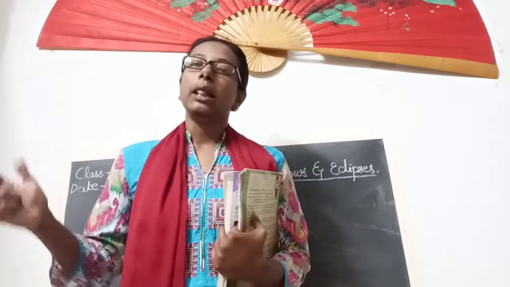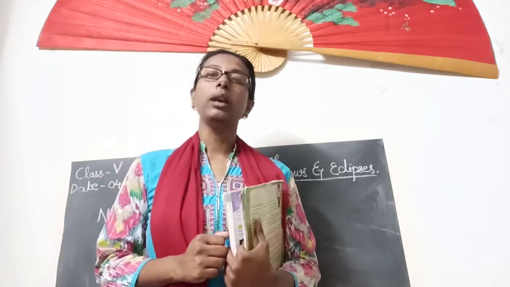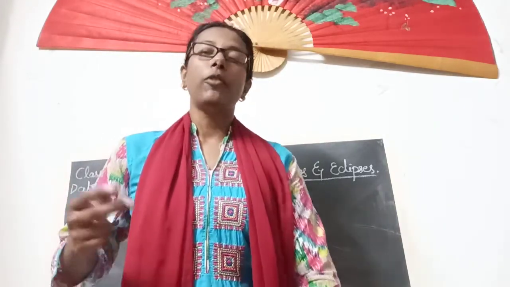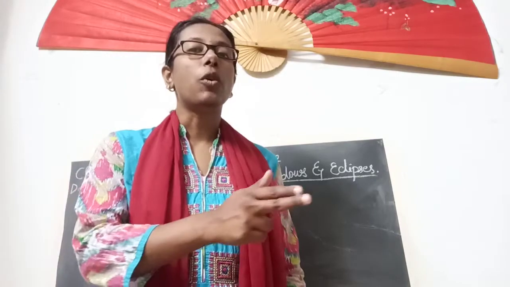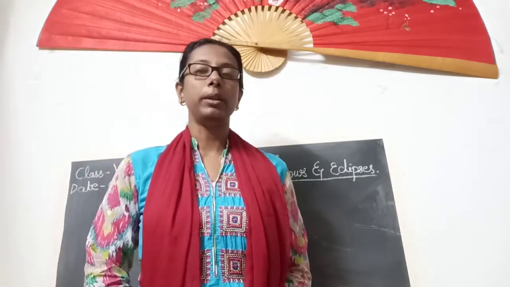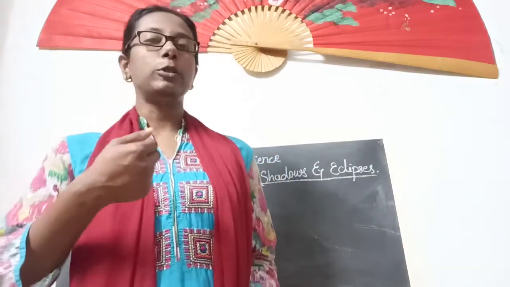When light, for example, light from the sun, falls onto the surface of the non-luminous objects, the light has a property to bounce back.